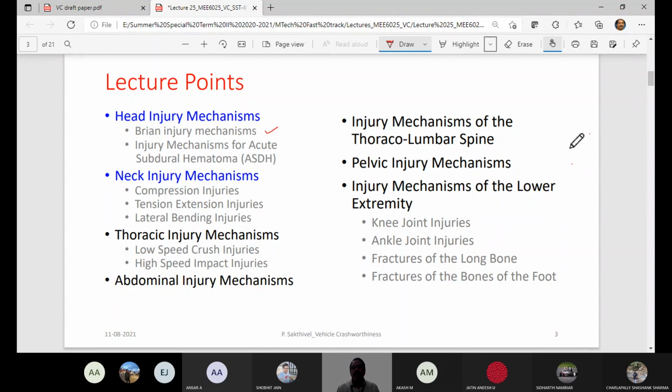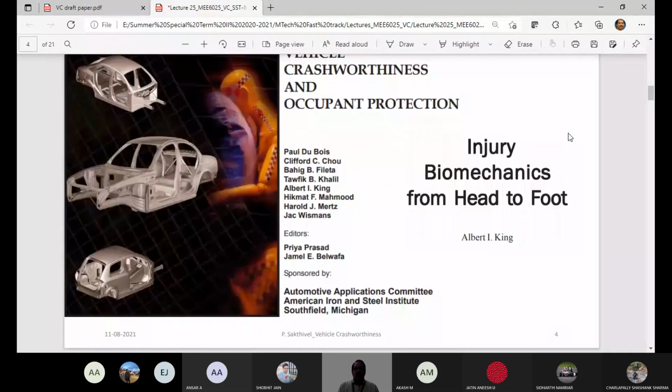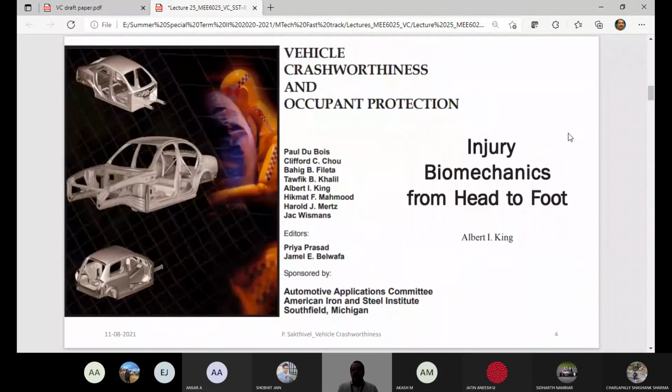We're going to look at some anatomical aspects of our study. The reference for this particular topic is the textbook recommended in our syllabus copy, compiled by Priya Prasad and Jaffar Belwafa as editors, compiling many of the papers in an organized way into 7 chapters.